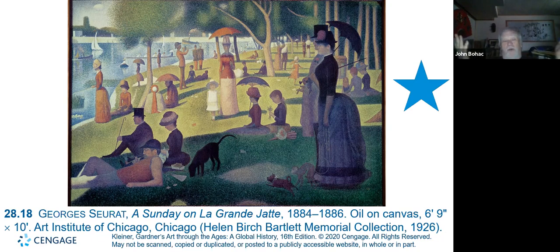People like Bouguereau, the nymphs and satyr that we saw, that kind of artwork was what the French were interested in. And these guys were making out okay, but those Americans went over there and bought up all this stuff and brought it back.